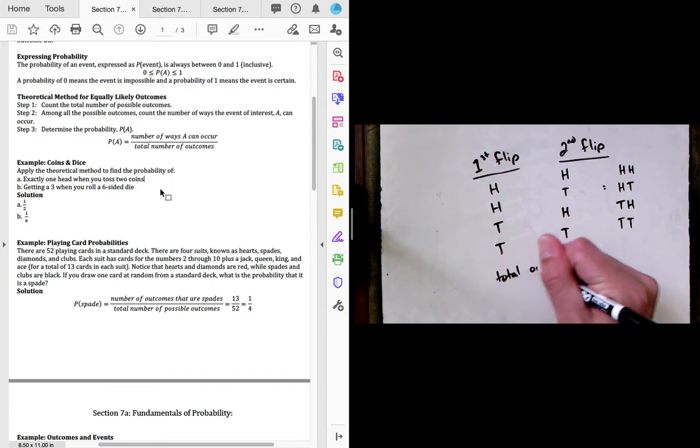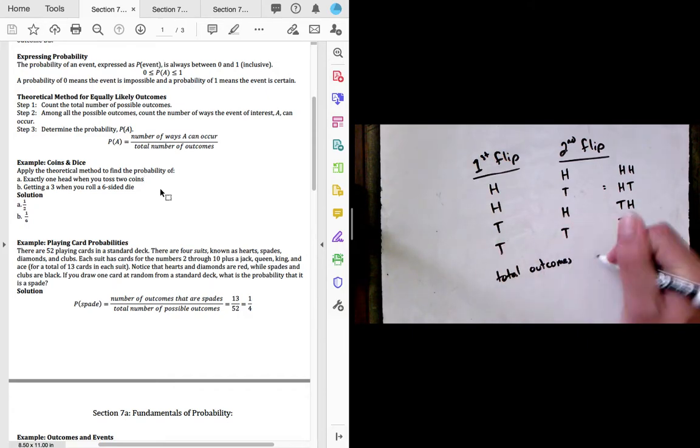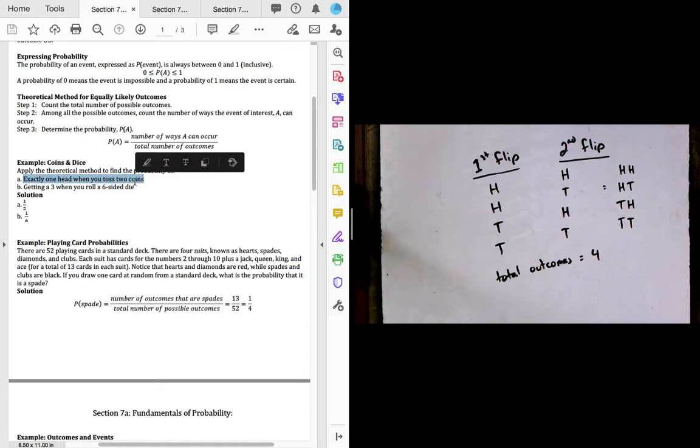So now we know that the total outcomes is equal to 4. When we write out our probability, that's going to be the denominator. Now we go back to the question to find out what event they're interested in. Part A says getting exactly one head when you toss 2 coins. So I go through my list and identify which of the 4 have exactly 1 head. It looks like this one here and this one here. So the desired event has 2 outcomes.